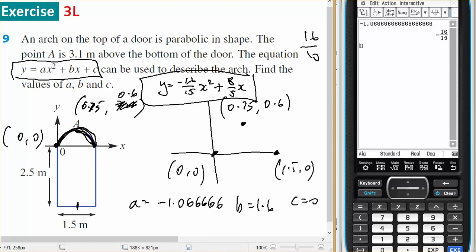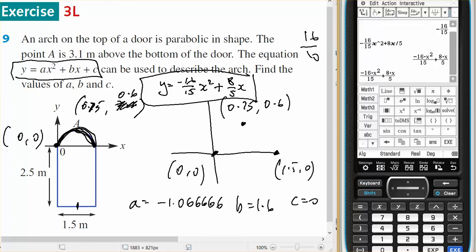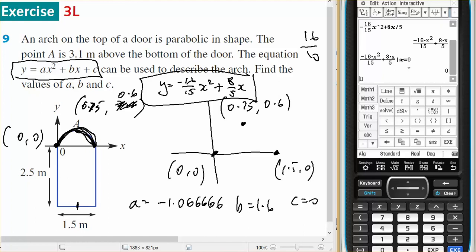So just to confirm that, I've got negative 16 on 15 x squared plus 8x divided by 5. Given x equals 0 gives me 0, 0.